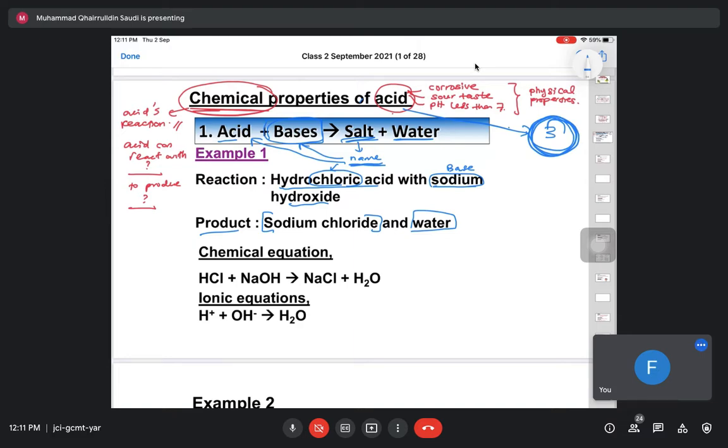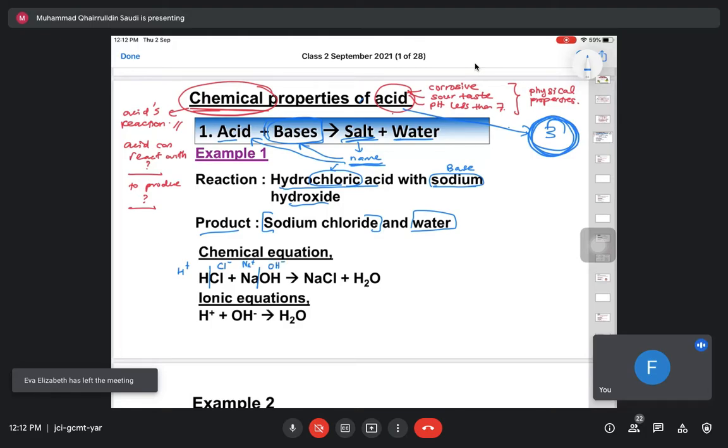Notice that we have hydrochloric acid and sodium hydroxide. Okay, how can you write down the chemical equation? We have learned this before as well. But the easy way is you just change the partner. We know that hydrochloric acid will ionize into hydrogen ion and chloride ion, right? While sodium hydroxide will ionize into sodium ion and hydroxide ion.